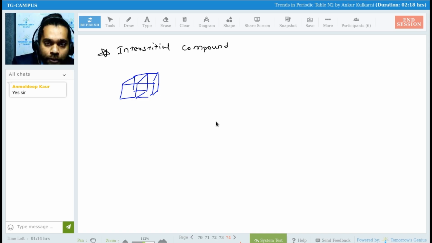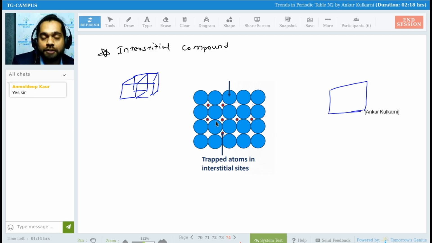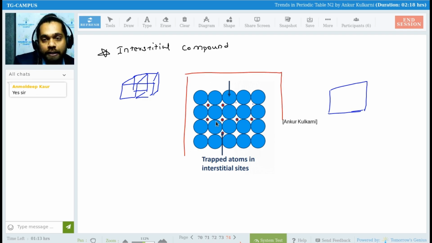So it is the in-between space when you have all the atoms, like for example in this diagram. When you join all the atoms, obviously there are spaces left between. Suppose I have a box, and in that I have put cricket balls. This is my box, and blue are the cricket balls that I have kept in the box.